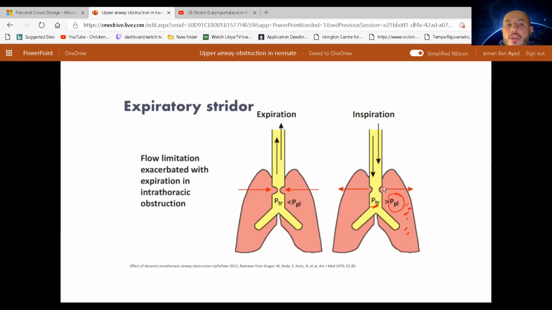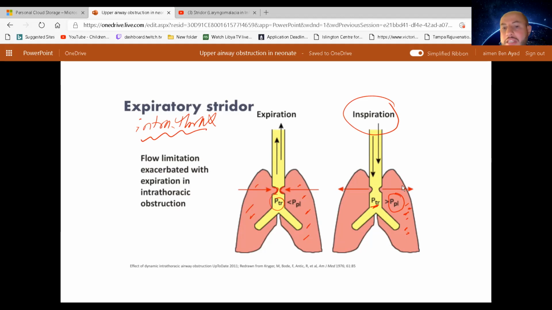In expiration, when you exhale, the intrapleural pressure becomes more negative than the pressure in the trachea, and that causes bronchoconstriction. That's why we are talking about intrathoracic lesions: you hear expiratory stridor, not inspiratory.